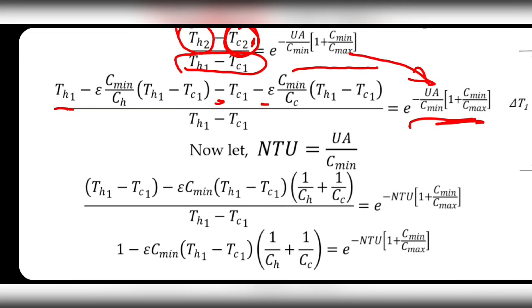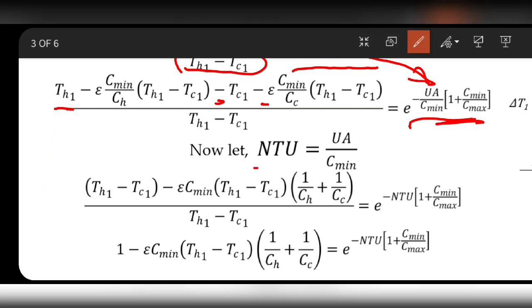Now I'll introduce one more term which I'll call NTU. The full form is number of transfer units, that is equal to UA divided by C minimum. So whatever I had here, UA divided by C minimum, I'll call NTU, or number of transfer units. And what I'll do here is, in this equation I'll group TH1 minus TC1 together.